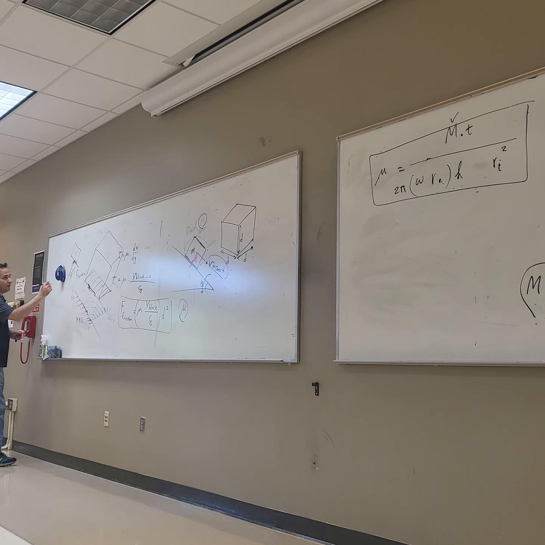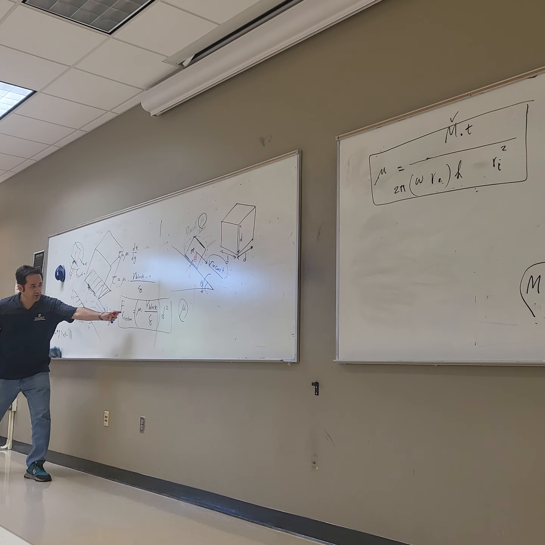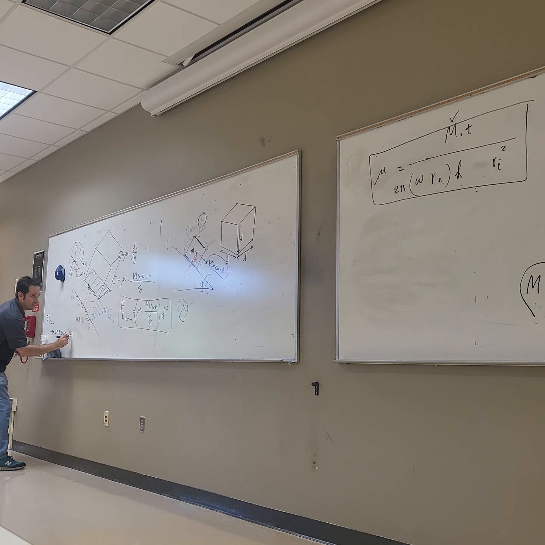So if I write the equation of equilibrium for this guy, what do I get in the x direction? I get mg sine theta, positive, minus friction, which is mu times V over delta times d squared, times minus friction, equal to 0.